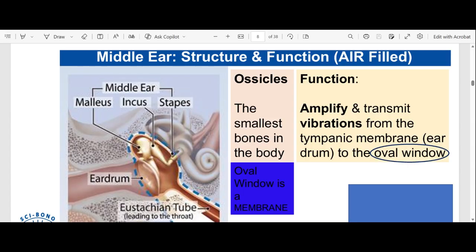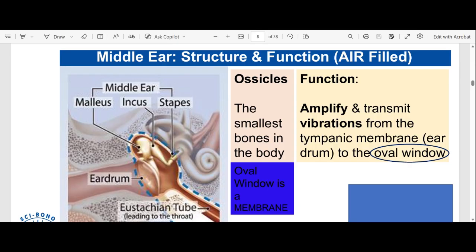Because now we're entering the middle ear, we're no longer dealing with sound waves, but we're dealing with sound vibrations. Then after our eardrum, we have our ossicles, which are malleus, incus, and stapes, or hammer, anvil, and stirrup. So they are the three smallest bones in the body.